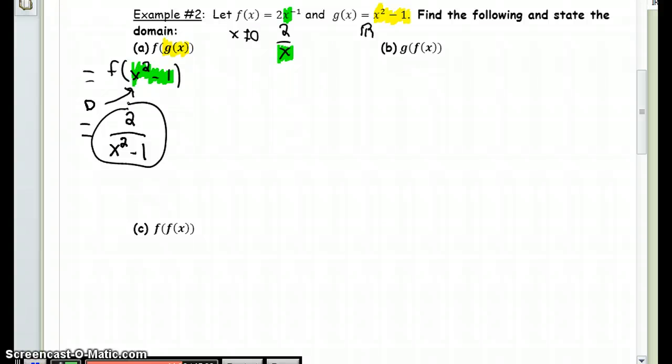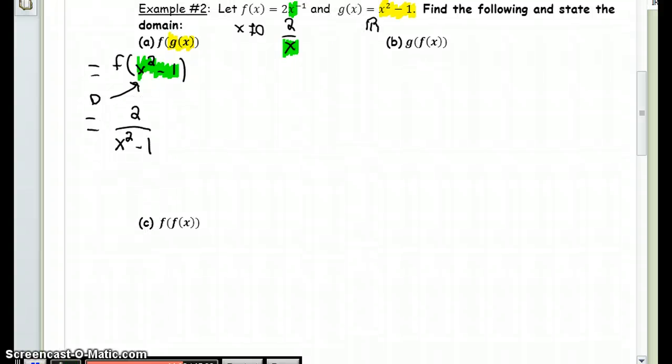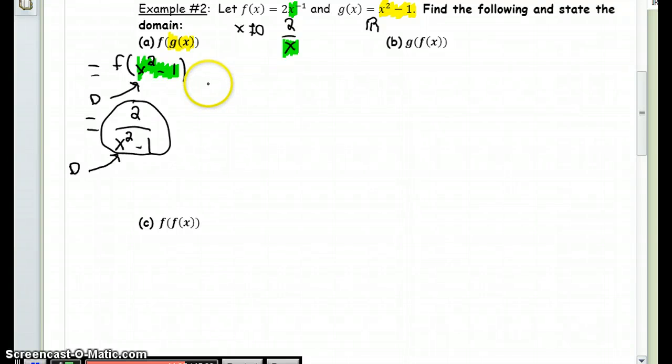But I still have to worry about domain. So this was the answer for f of g of x, but now for the domain, I can't allow that bottom part, x squared minus 1, to be 0 because it's in the denominator. So I have to do some work for the domain.